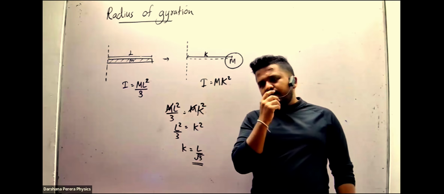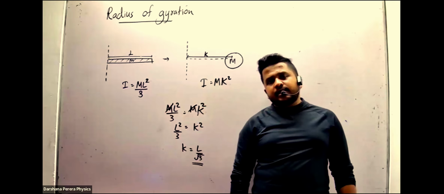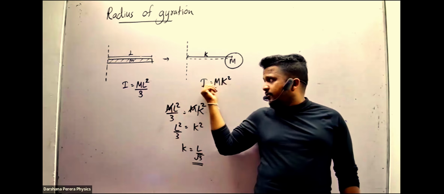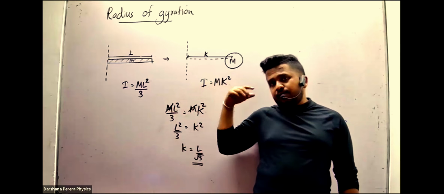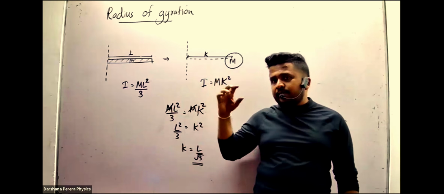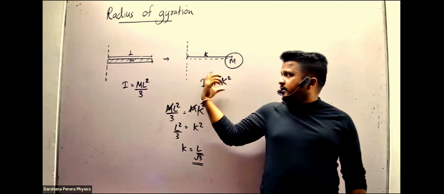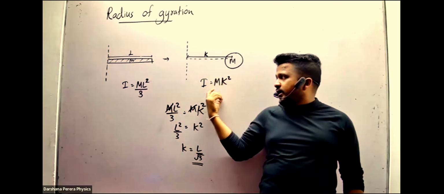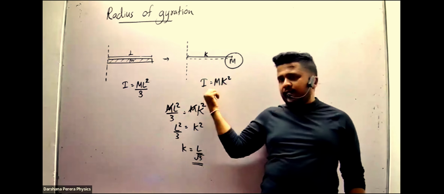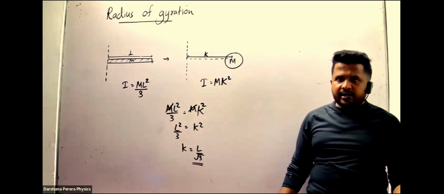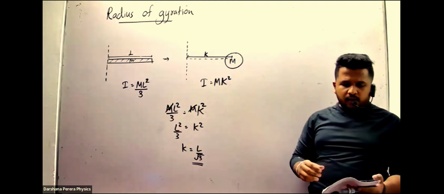If we rotate an object, we take only the radius of gyration. We can develop the I values. Why? When we know the m value, the mass of the object, we can take I equals mk square. Then we can get the I value. I think you can clearly understand. We take all the values.